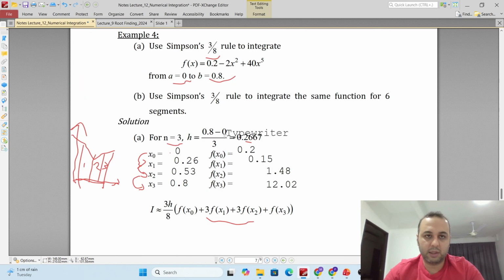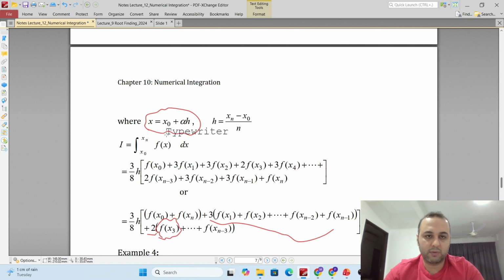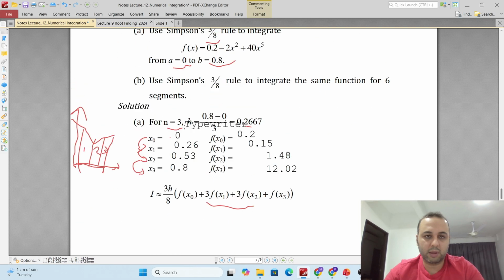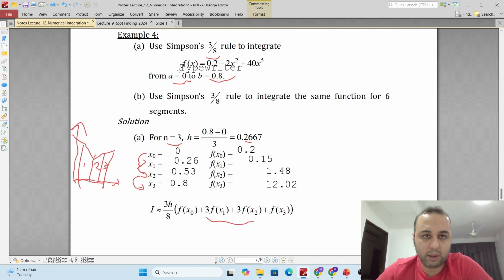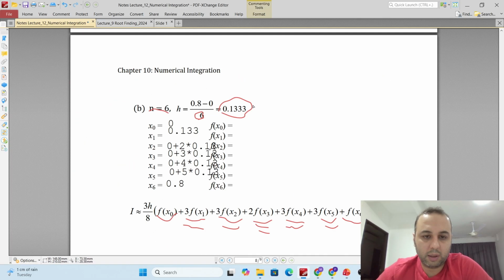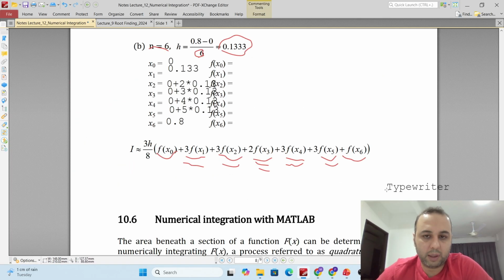Okay, this time I use this formula. After calculation of each x, then substitute in the function which is here. Okay, and you can apply in this formula.